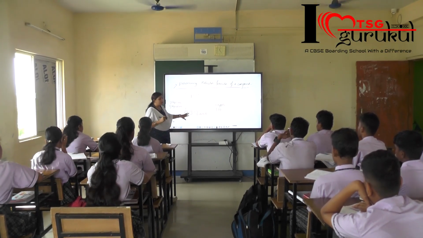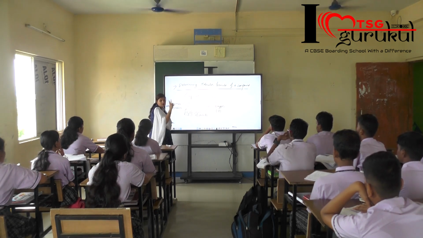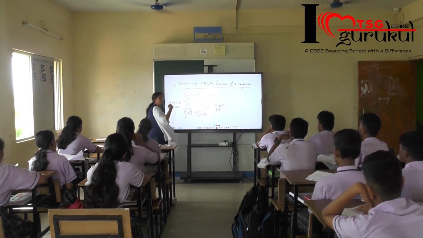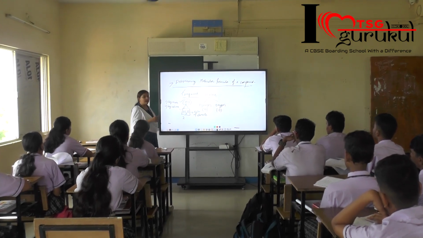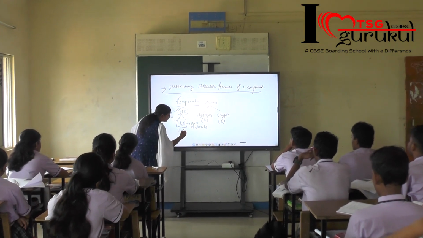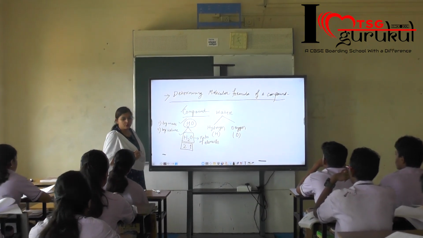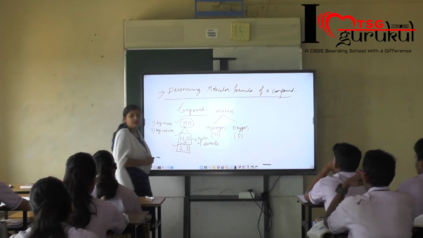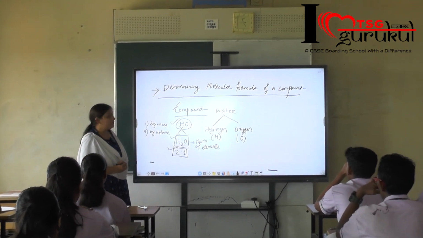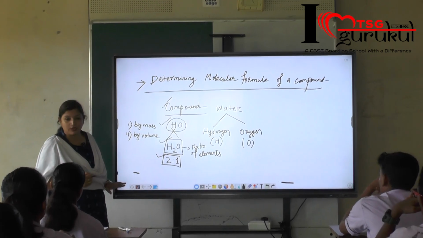In the formula H2O, how many atoms of hydrogen? 2 atoms of hydrogen are combined with how many atoms of oxygen? 1 atom. So, the ratio of the formula of water, H2O, is 2:1 by volume. So, this is about what a compound is, an example, and how to write the formula.